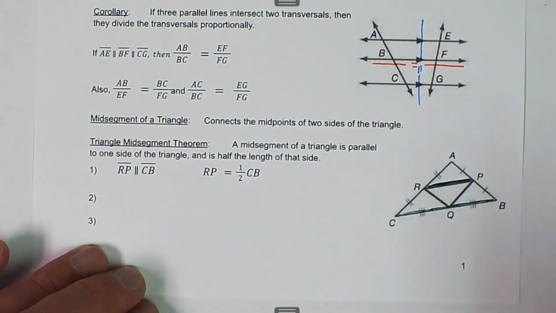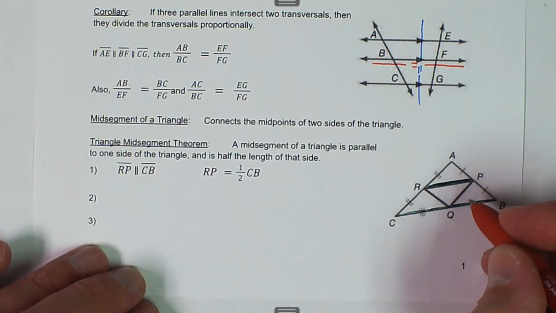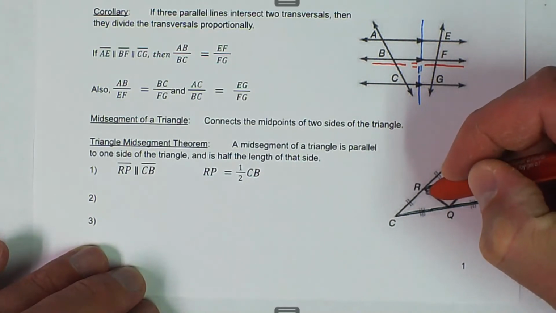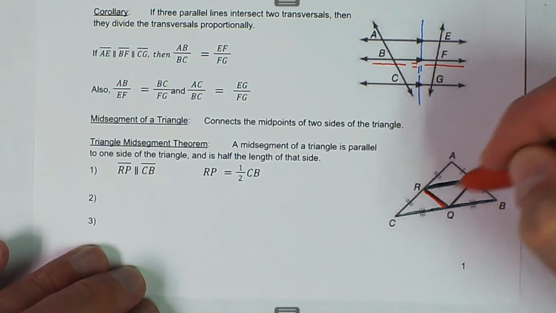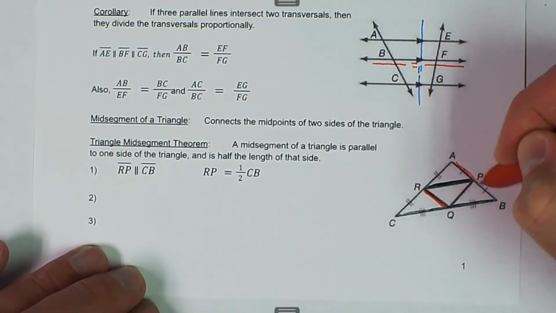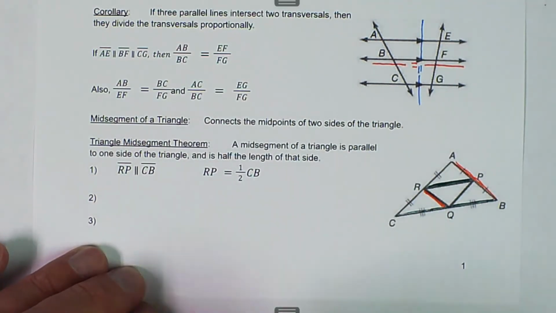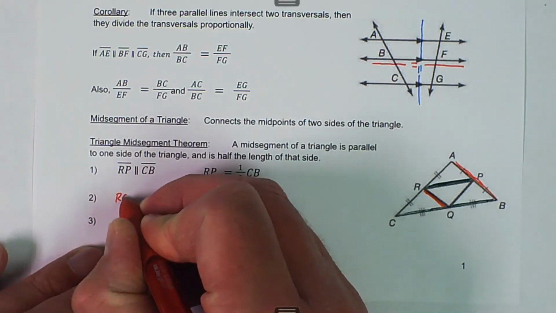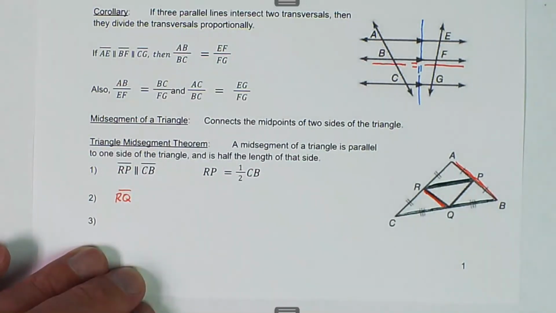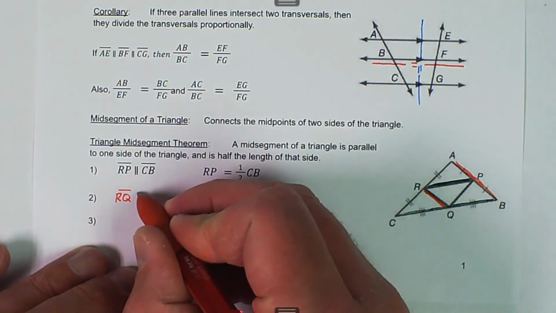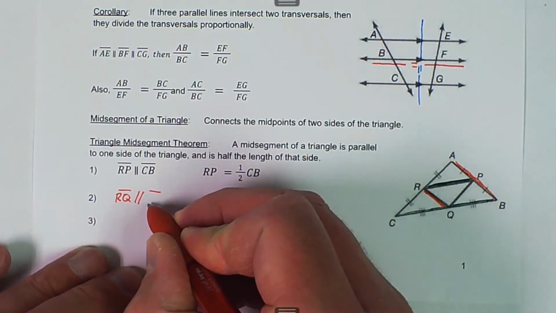So if we have RQ, which is right here, RQ is going to be parallel to AB. Line segment RQ is parallel to line segment AB.